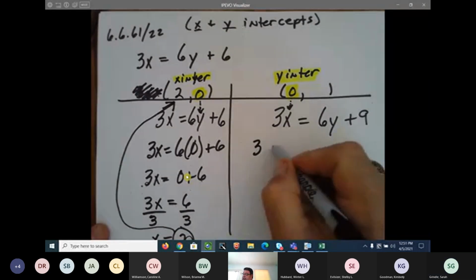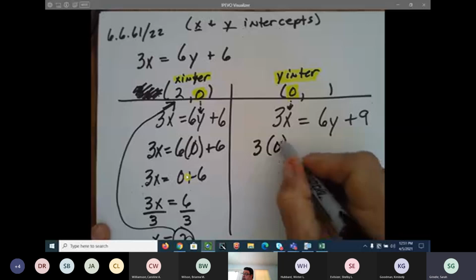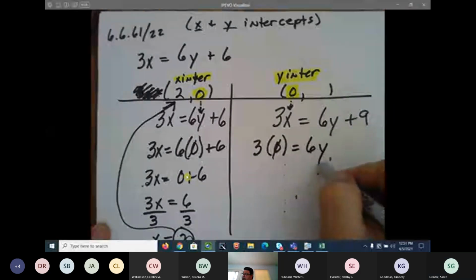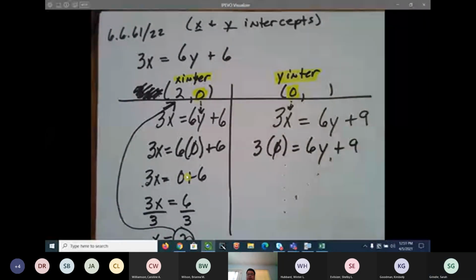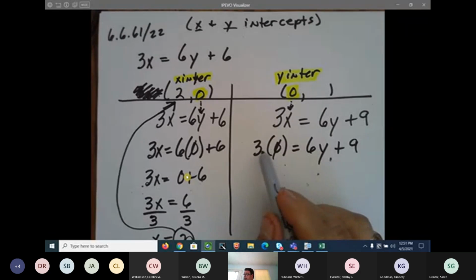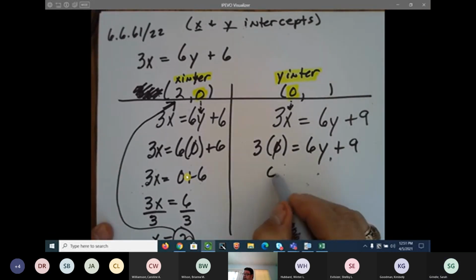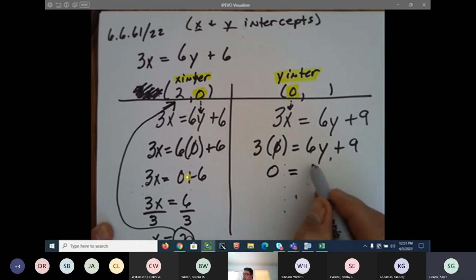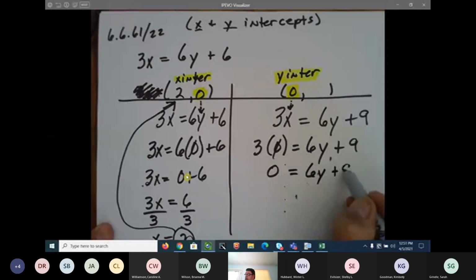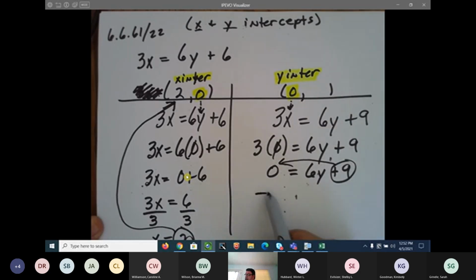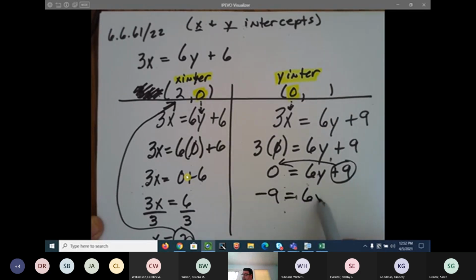3 times 0 is equal to 6y plus 9. What's 3 times 0? 0. How do I get rid of a positive 9? Take it across the river. How do I get rid of multiplying by 6? Y is equal to negative 3/2.